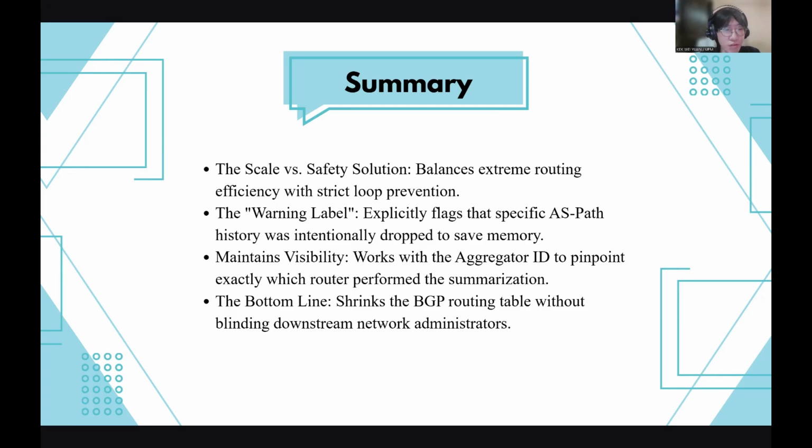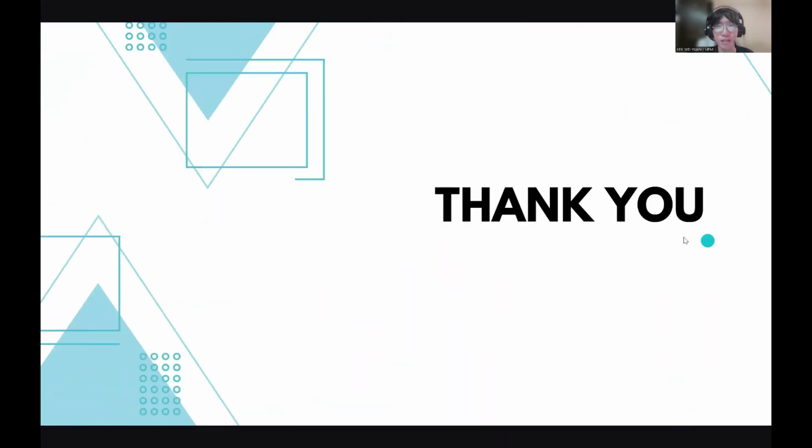So it will strike the perfect balance between extreme efficiency and strict loop prevention. This will ensure that even when a path history is erased or removed, the network will remain fully aware that aggregation has occurred. So that's all from us for the BGP. Thank you.